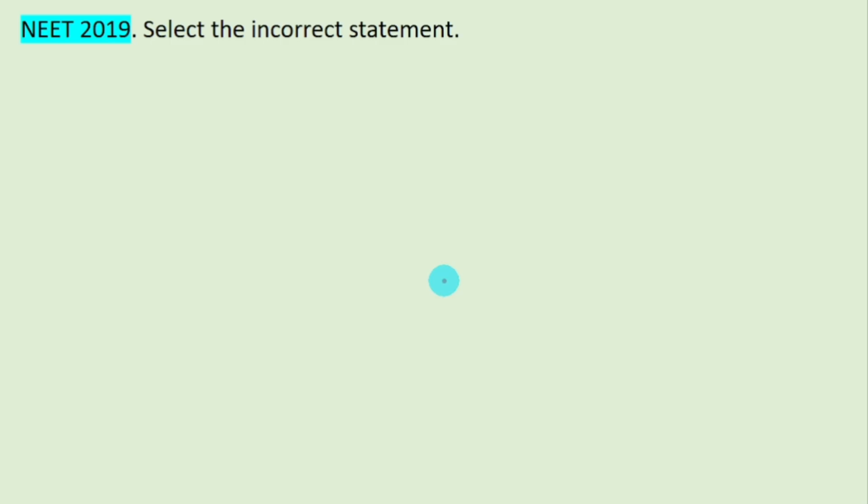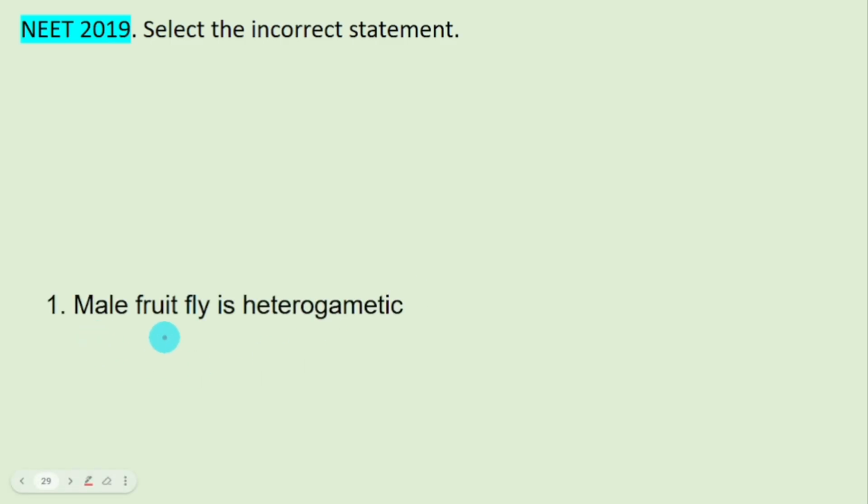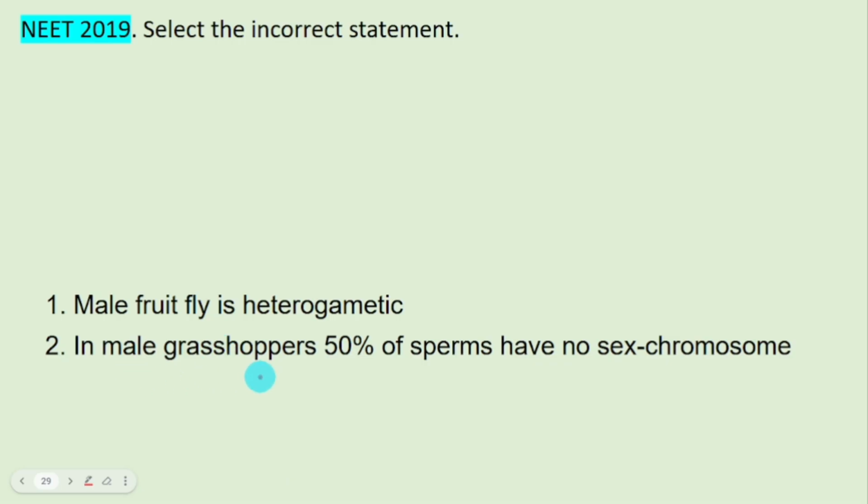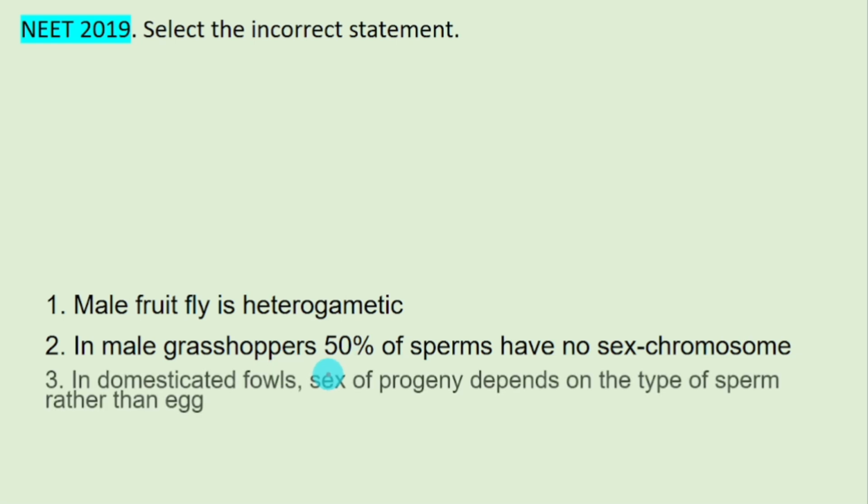Select the incorrect statement. Male fruit fly is heterogametic. Is this correct or incorrect? Heterogametic is correct, XY. So this is correct. In male grasshoppers, 50% of sperms have no sex chromosome. Correct. This is the XO system of sex determination.